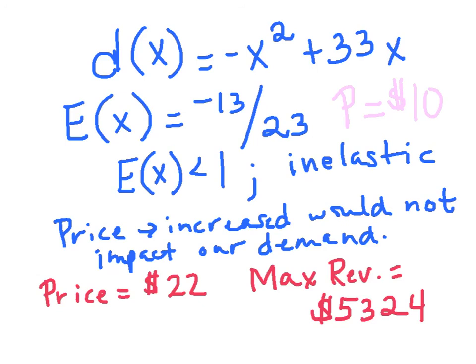So what we said was that our elasticity value was less than 1, therefore the function at $10 was inelastic. The price, if it was increased, would not impact our demand at that point. We further went on to find that the price that would maximize the revenue was $22, and the revenue would be, at its maximum, $5,324.